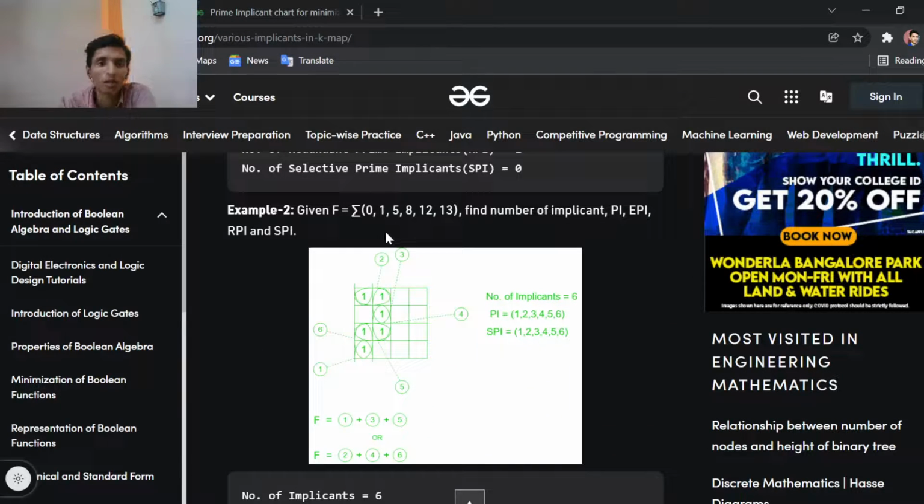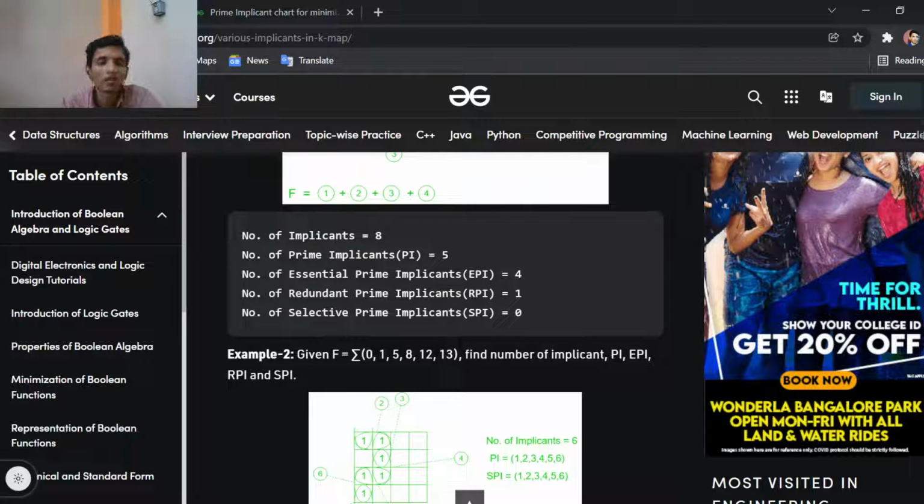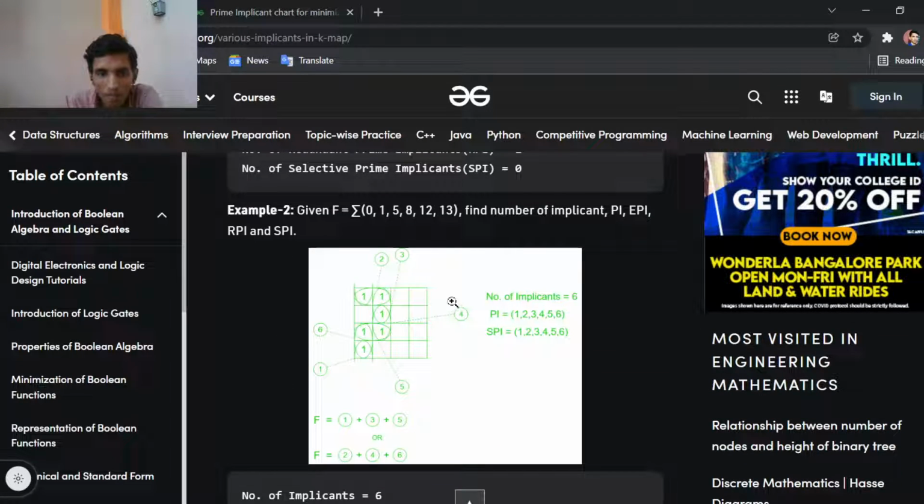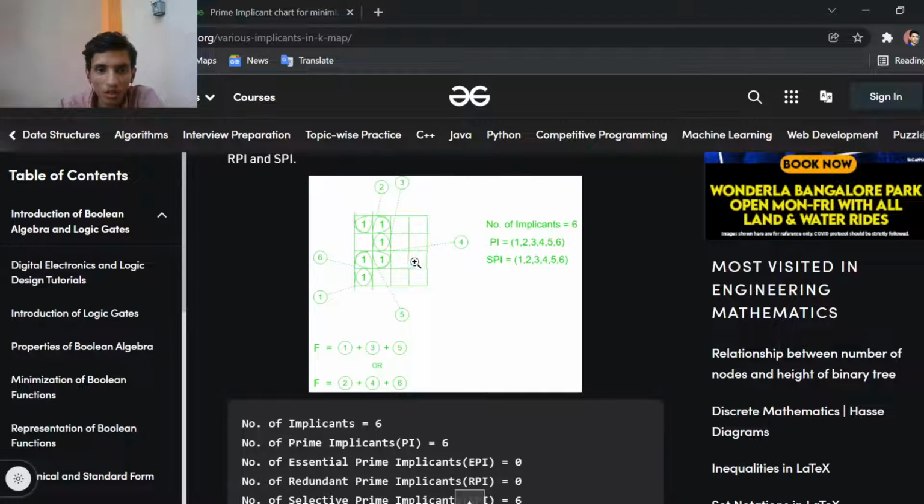Now for the second function, find the number of implicants, prime implicants, essential prime implicants, redundant prime implicants, and the last one, selective prime implicants. So here we can find that the total number of implicants is 1, 2, 3, 4, 5, and 6.